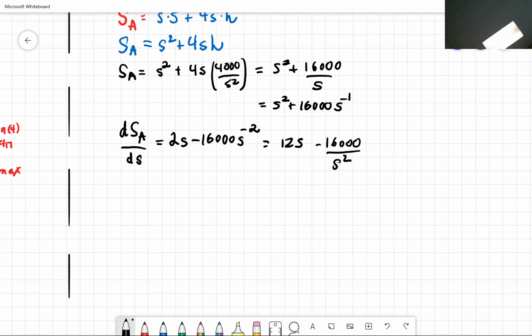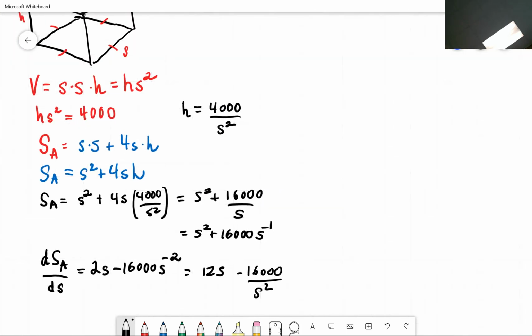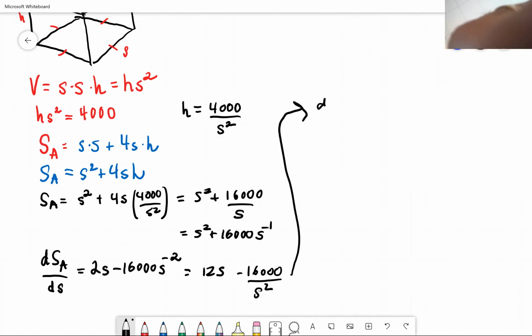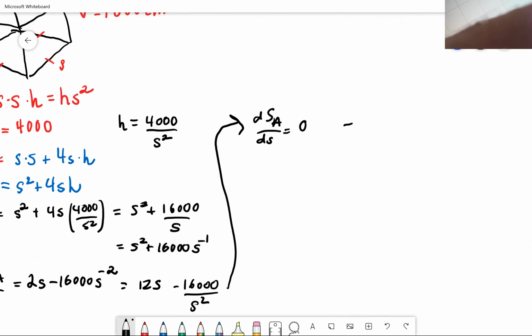We have a maximum or a minimum when dA over dS equals 0, so you have 0 equals 2S minus 16,000 S to the negative 2.